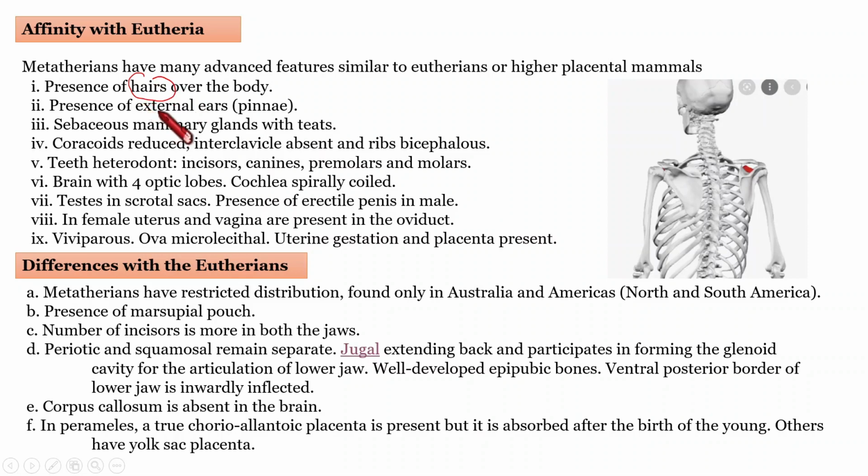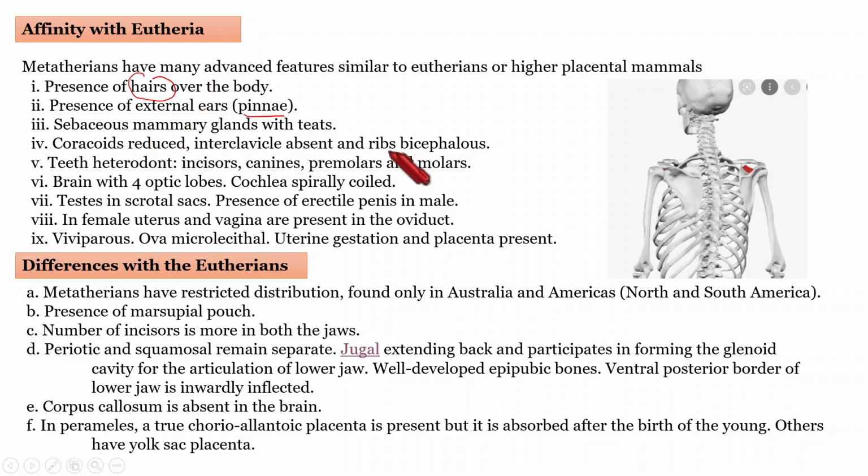And second, presence of external ear, that is pinna, that we have seen in the former slide also. Pinna is well developed like that of eutherians. Then the third point is that a sebaceous mammary gland with teat is present in metatherians, like that of eutheria.